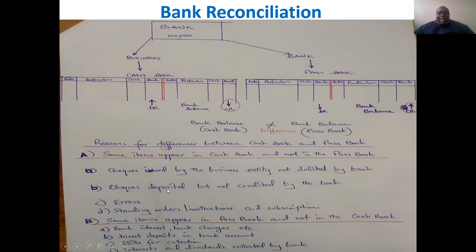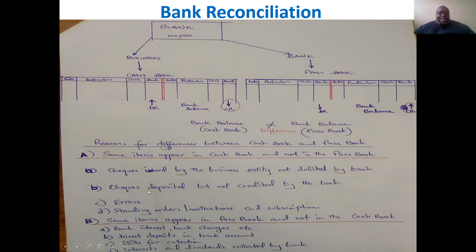So, if we deposit a check, but it has not been credited by the bank in time, the bank balance according to the bank will be different from the cash book. Remember, we'll have debited that money in our bank column so that we reflect an additional money we have received. But the bank may delay and there may be a discrepancy.